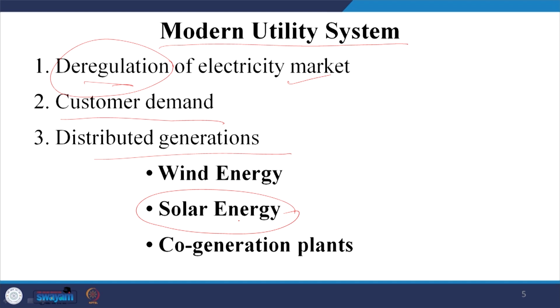We have huge rooftop solar installations, which you considered to be load. Now, it has also become a source of generation, and cogeneration power plants and wind generation are also part of our modern utility system.